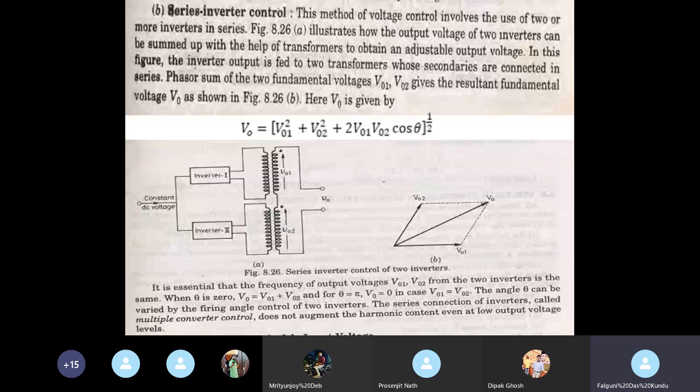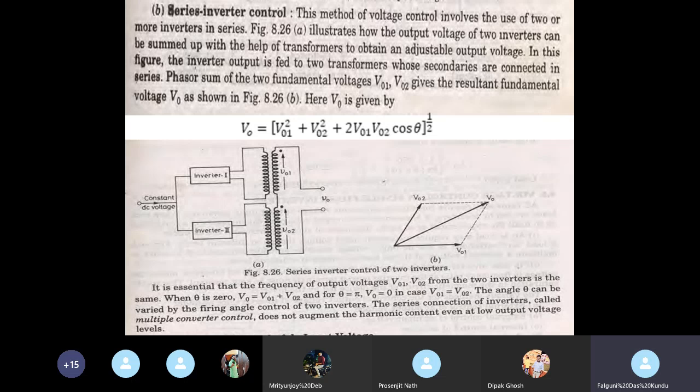This method of voltage control involves the use of two or more inverters. Here we see two inverters in series, which are summed up with the help of transformers to obtain an adjustable output voltage.